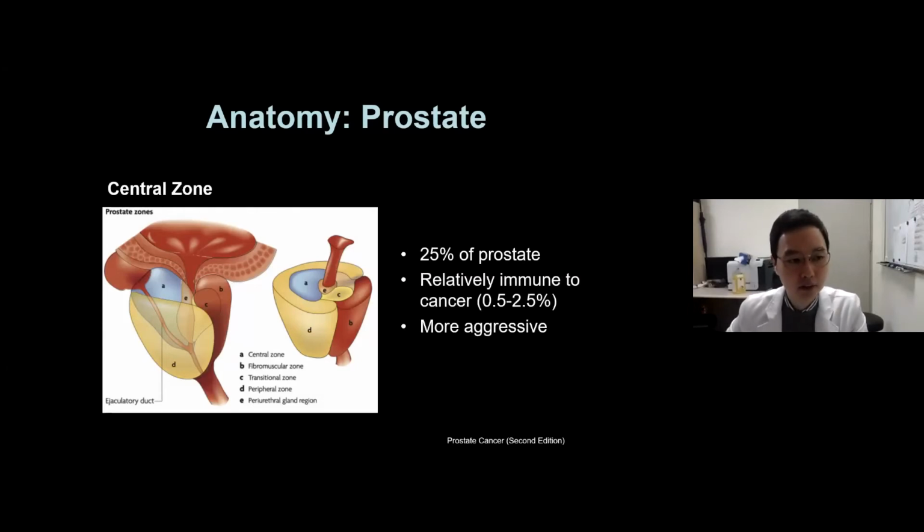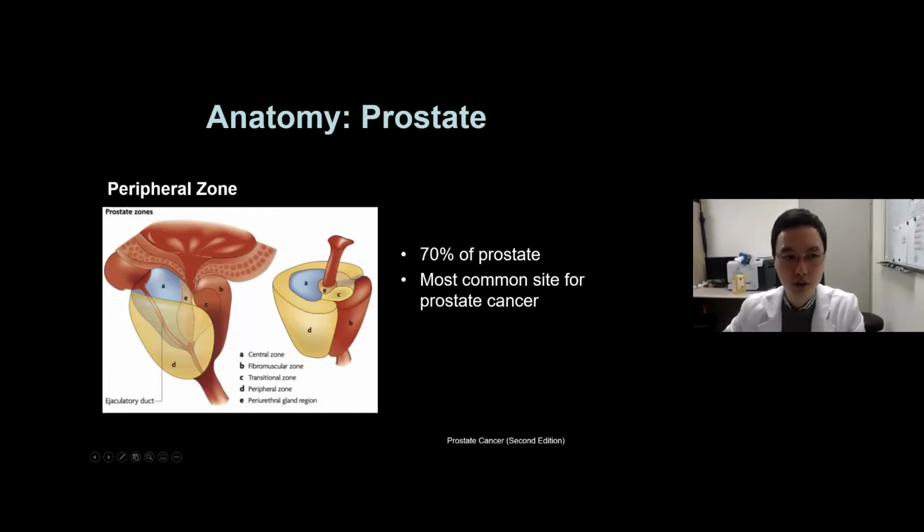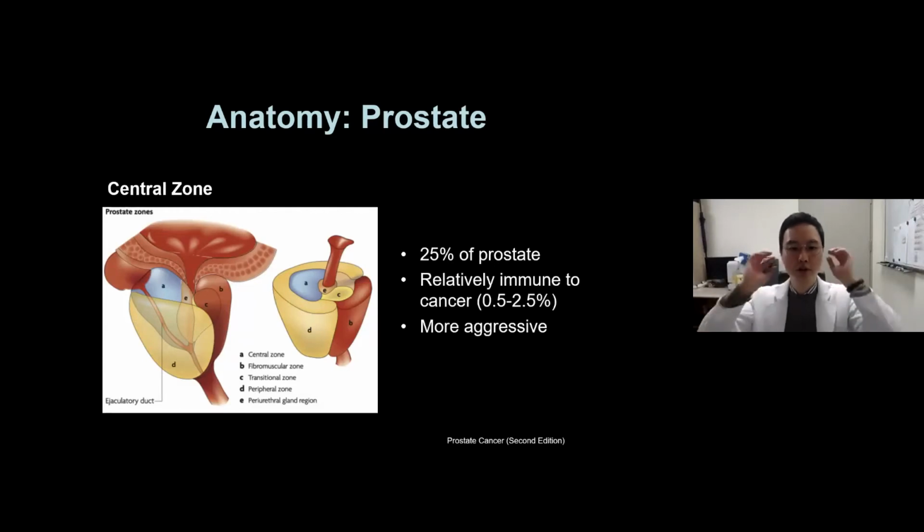Next is the central zone, as you can see in the center here. It lies at the base of the prostate, behind the transition zone, and it surrounds the ejaculatory duct.